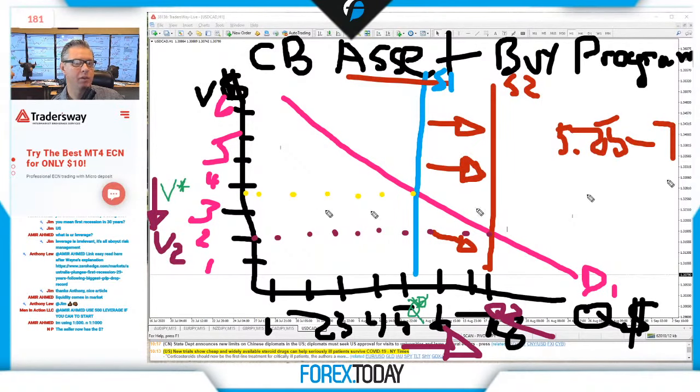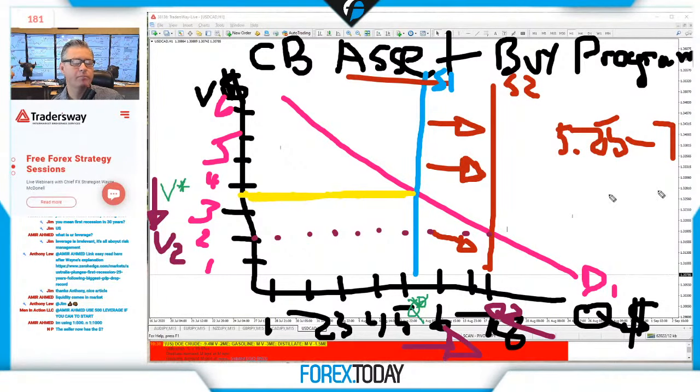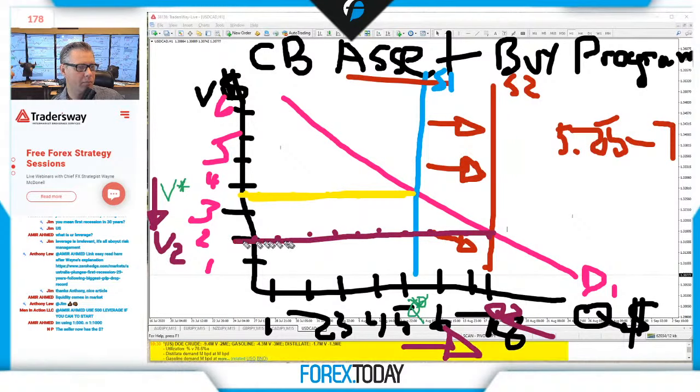We went from this yellow level of the old equilibrium to the crimson level at the new equilibrium. So the value shifted down.